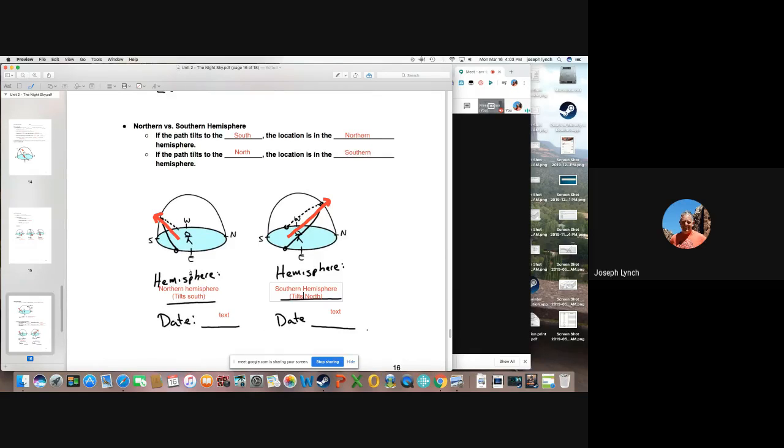Now for the date, remember we just go back and look and see where the sunrise position is. All right. So the sunrise here is south. Oops, the date, excuse me, is December 21st, because sunrise is south of east.